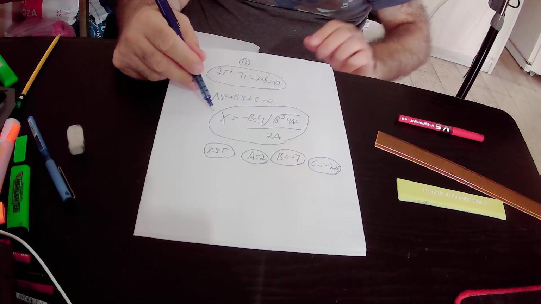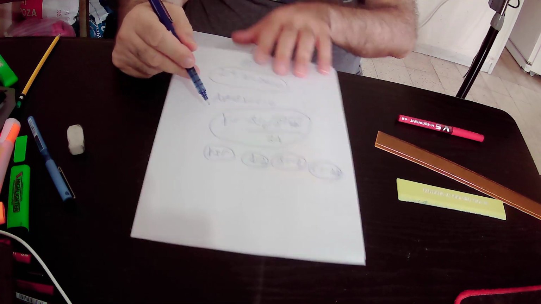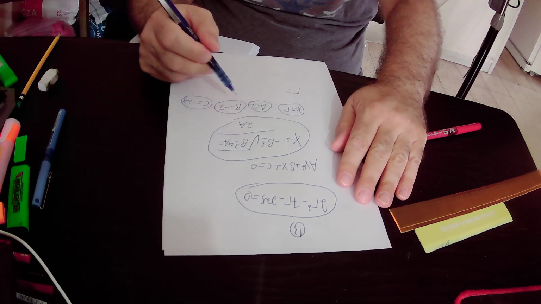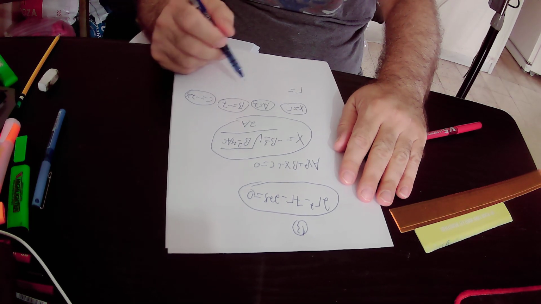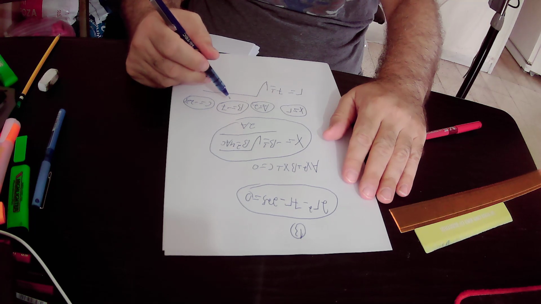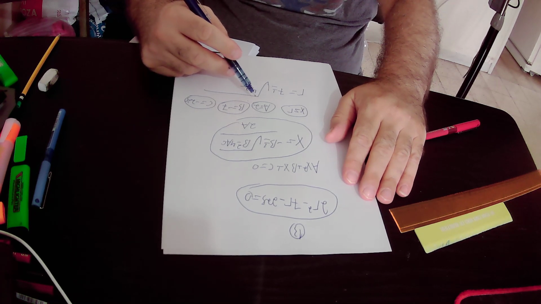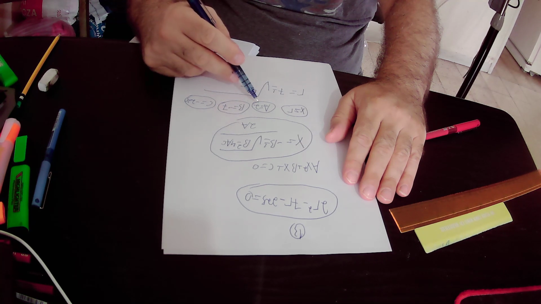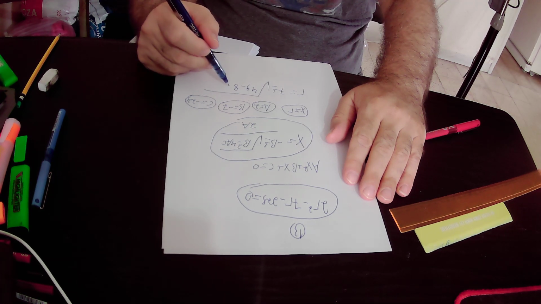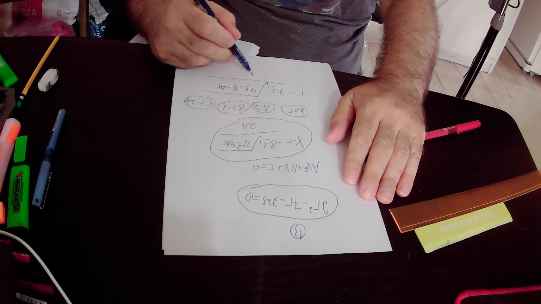The only thing left is to substitute the variables that we found into this formula, and we will get that x equals r, so r equals minus b, b equals minus 7, so minus b is minus 7, that is plus 7, plus minus root of b squared, b equals minus 7, so b squared is minus 7 squared, that is 49, minus 4 times a, 4 times a is 4 times 2, so it is minus 8, times c, c equals minus 225, so it is times minus 225, over 2a, a equals 2, so 2 times 2 is 4.